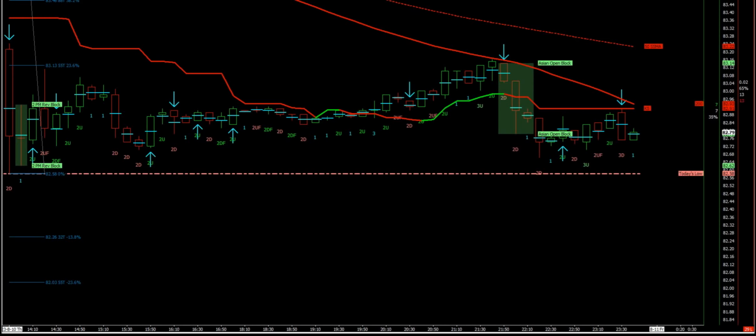What you're looking for, and this is kind of my take on it: I look for what they call 1 bars, the small little bars, small bodies. The traditional strat stuff says you're looking at the entire candle. Say, for example, this is a 3, which some people call some other bar.